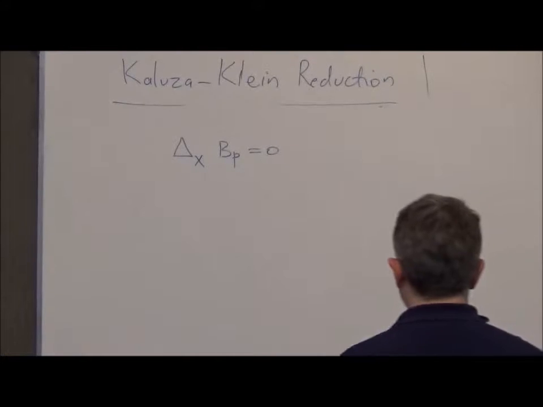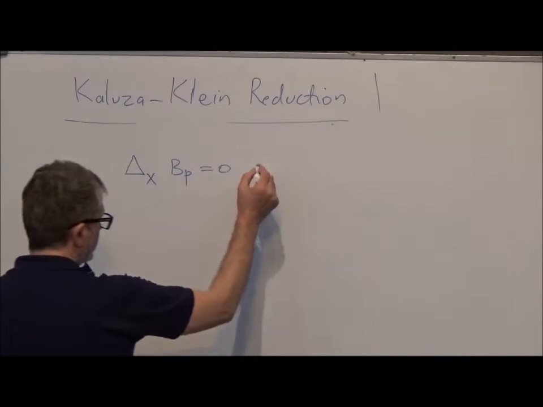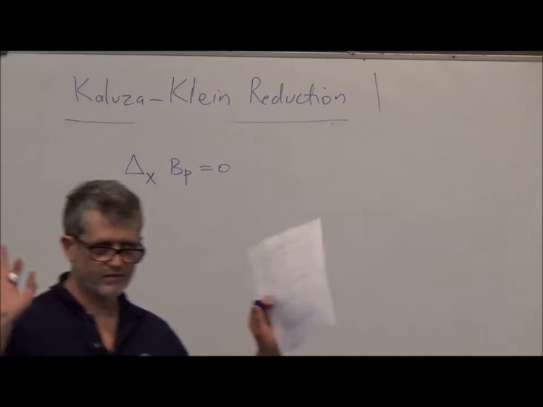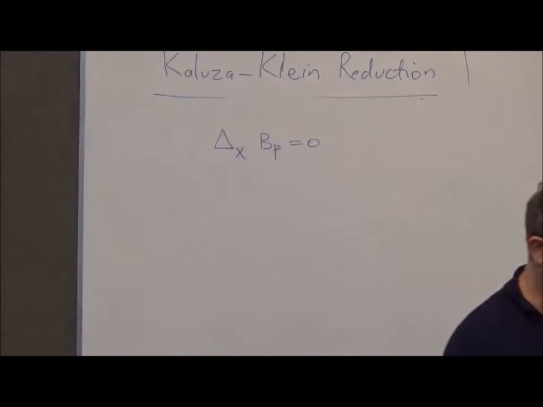I want to solve this equation. This is the equation that I would get if I was in d dimensions upstairs and I had an antisymmetric tensor field. Then this would be the equation that I would like to solve.